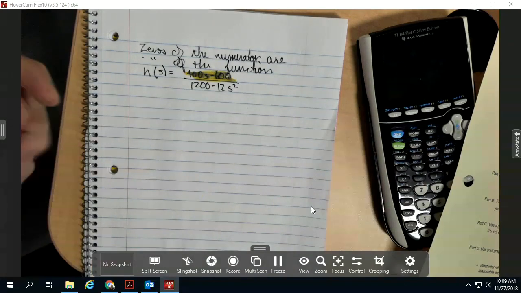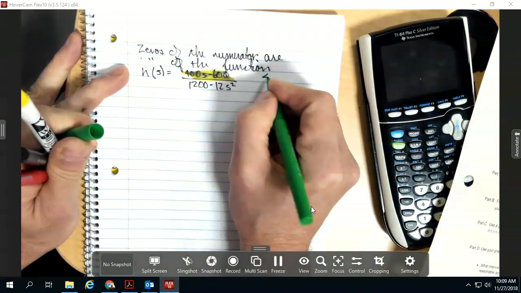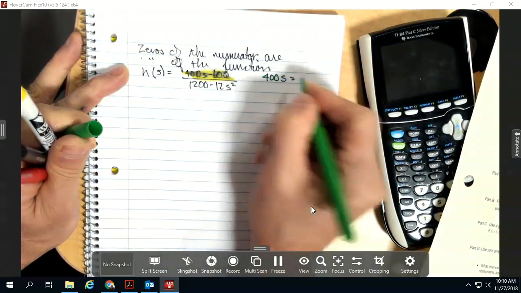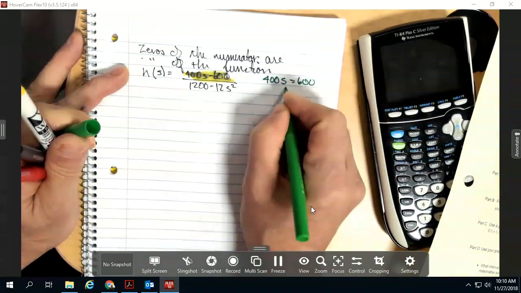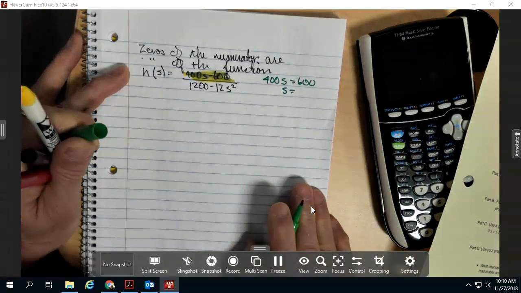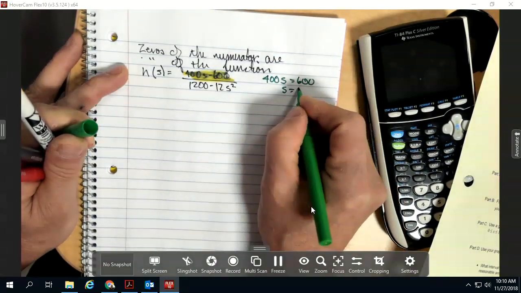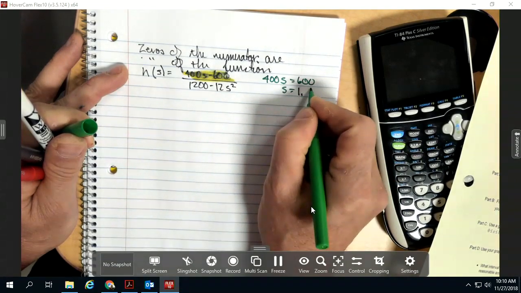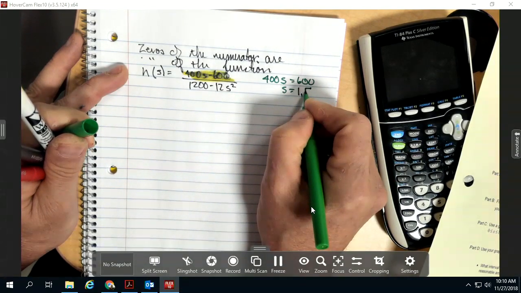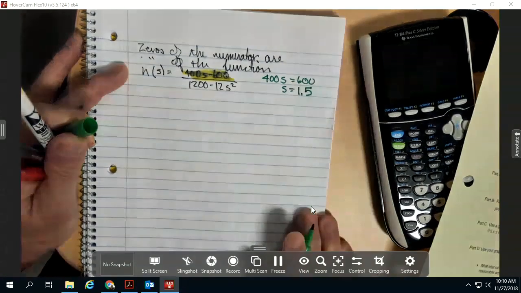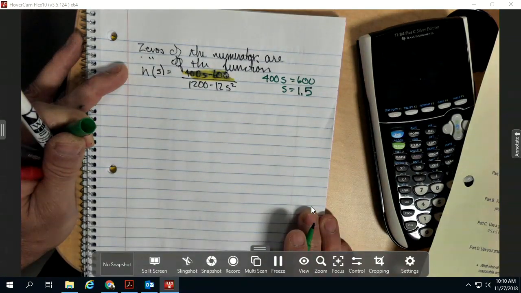And what are we going to write? 400s equals 600. So s is 1.5.